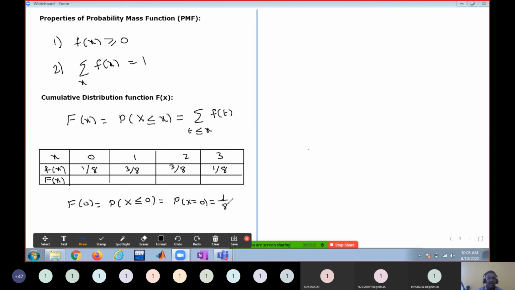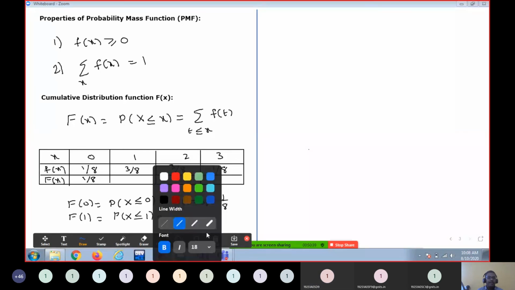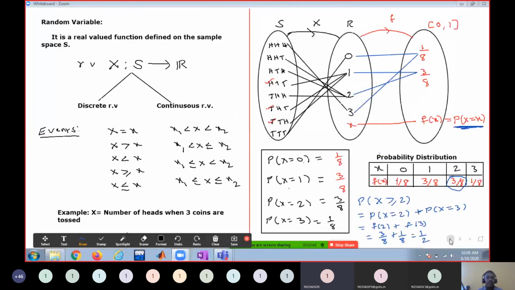So this value is 1 by 8. Now what do you mean by capital F of 1? The probability that X is less than or equal to 1, that is P of X equal to 0 plus X equal to 1.